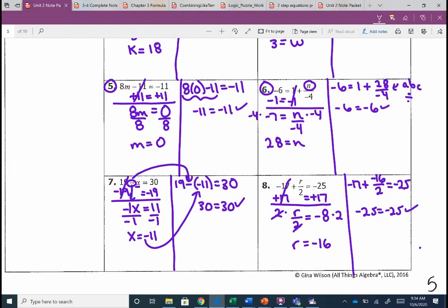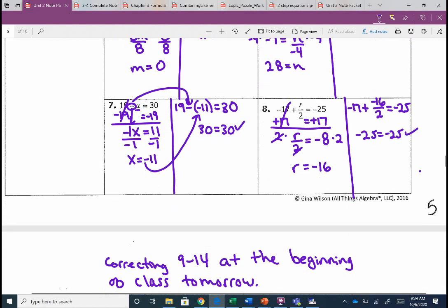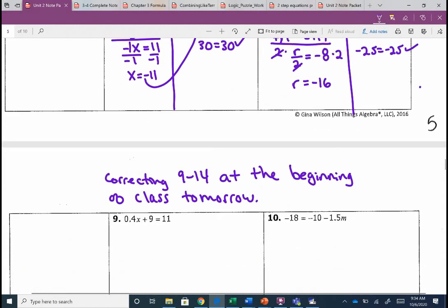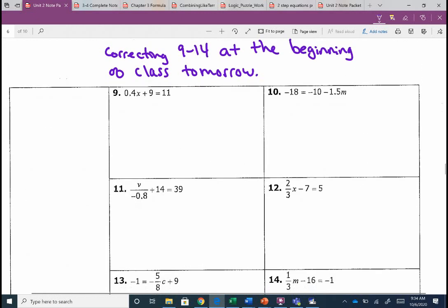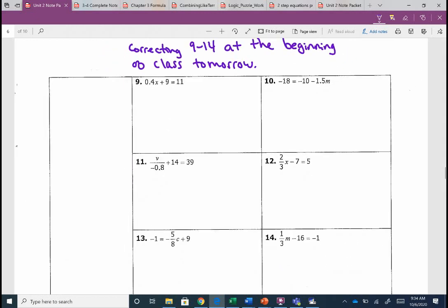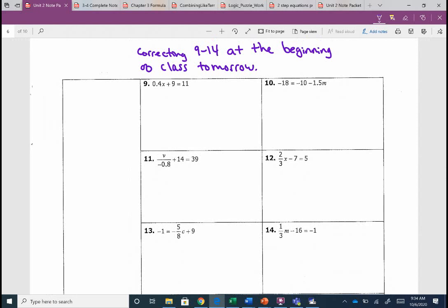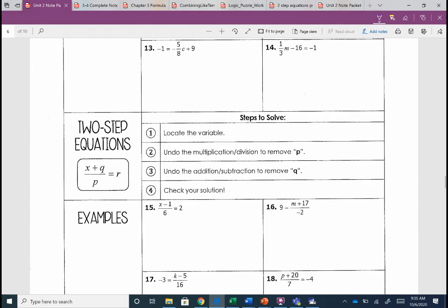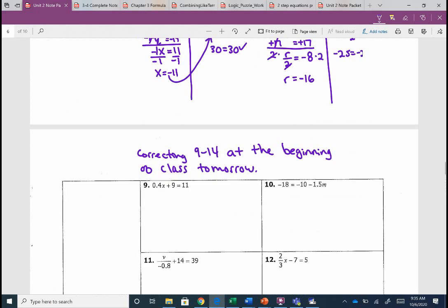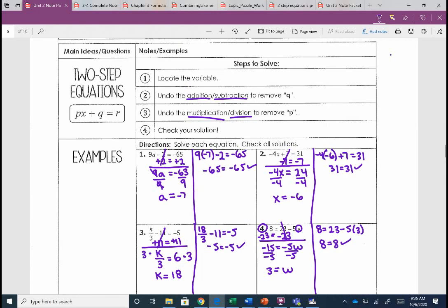If we go to page 6, what I would like you to try and have ready for the beginning of class tomorrow, question numbers 9 through 14 only. There's 15 through 18 at the bottom. Don't worry about those. Sorry, my computer's kind of all over the place, guys. I apologize. There we go.